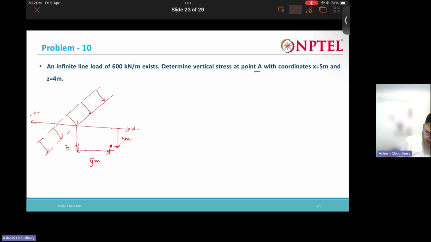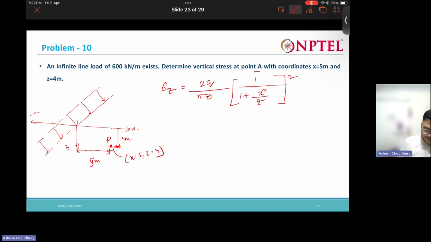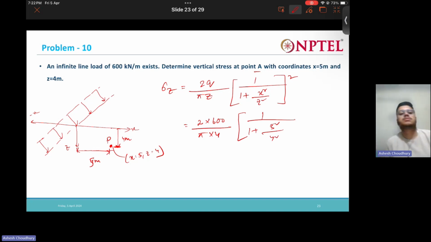Okay, so this is the point. Alright, so this is the expression for the line load.